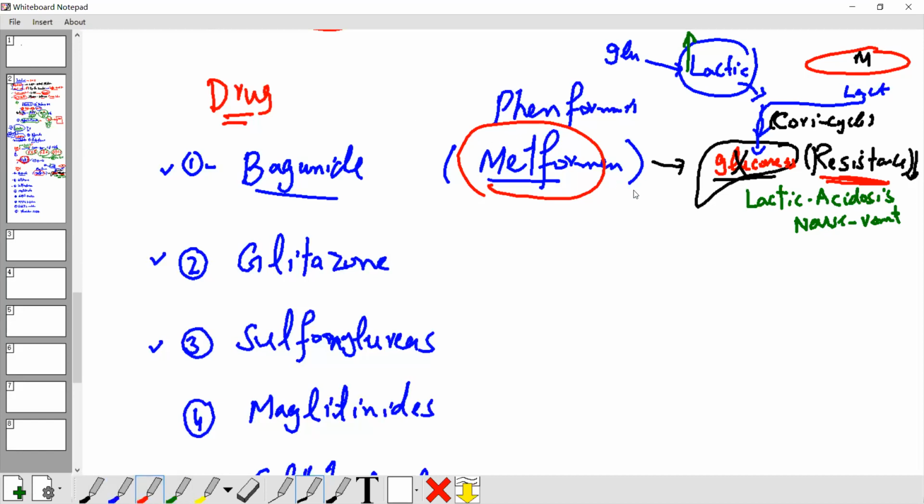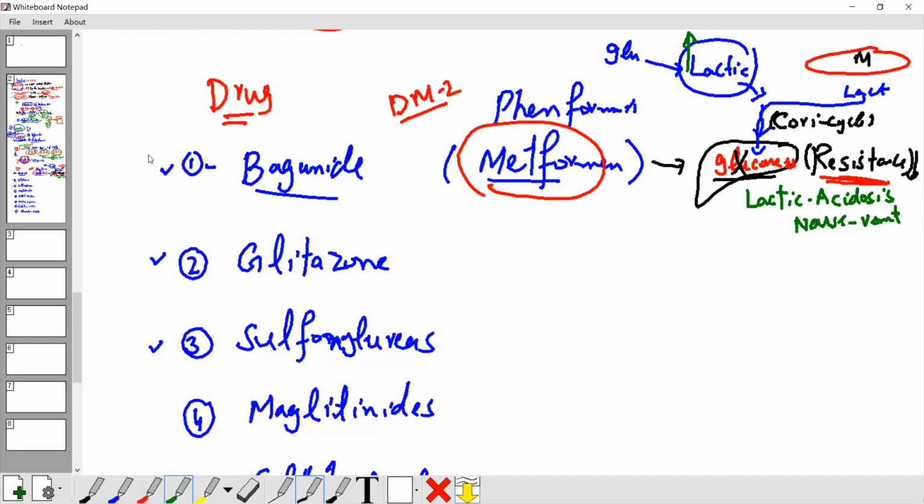And there is another beneficial effect of metformin. Because the patient is suffering from type 2 diabetes, you have insulin, yeah? But that insulin is not working.